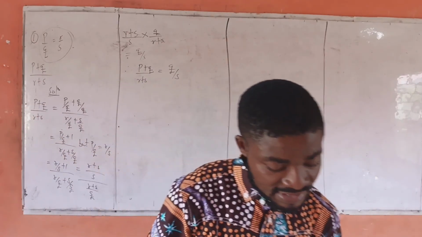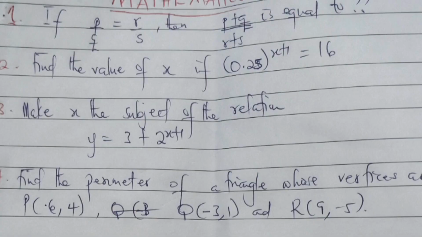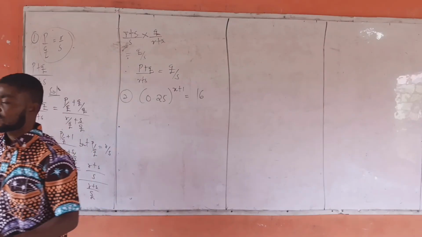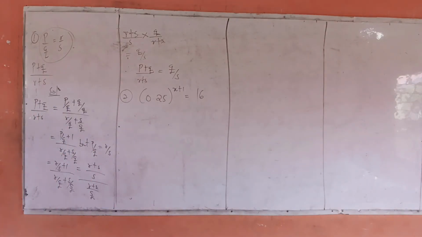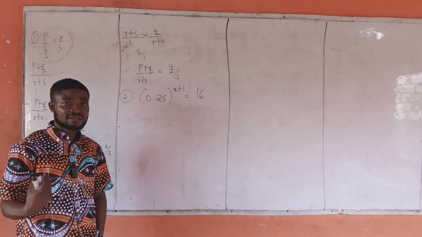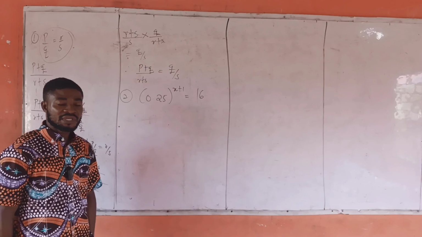The second question says that we should find the value of x if 0.25 all raised to the power x is equal to 16. This has to do with the application of our knowledge with regards to indices.